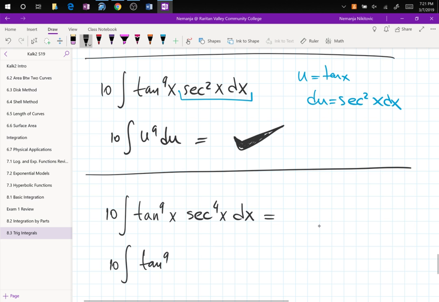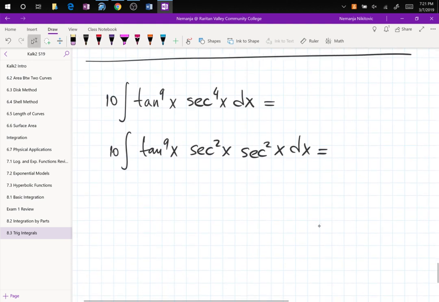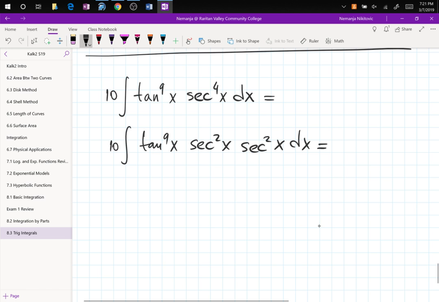So tangent to the 9x, and now you have a secant squared x and a secant squared x dx. So here is the bank for du. This secant squared needs to become 1 plus tangent squared x.